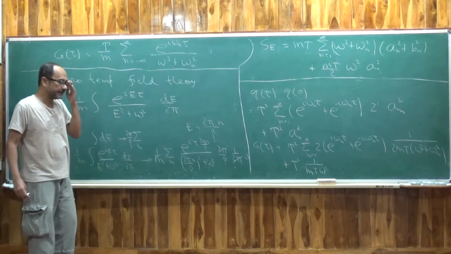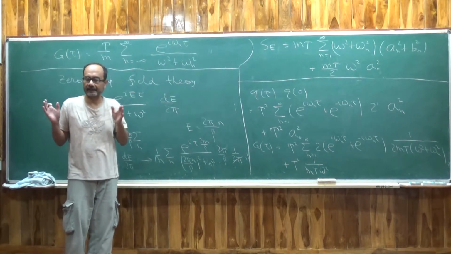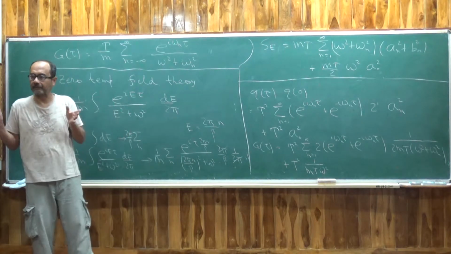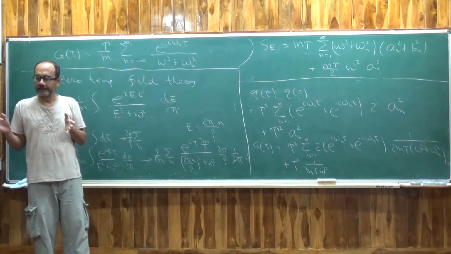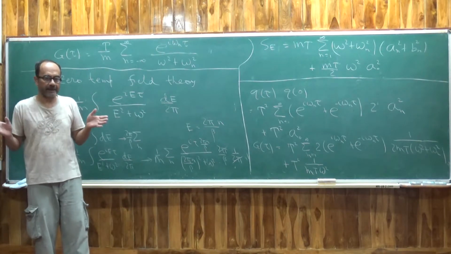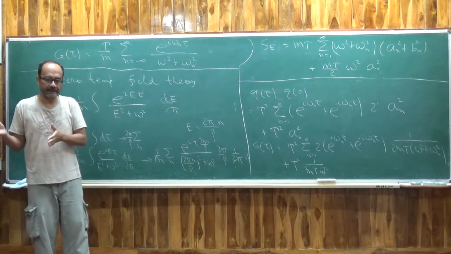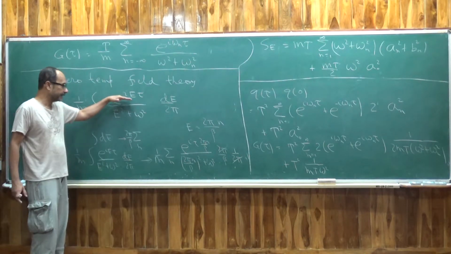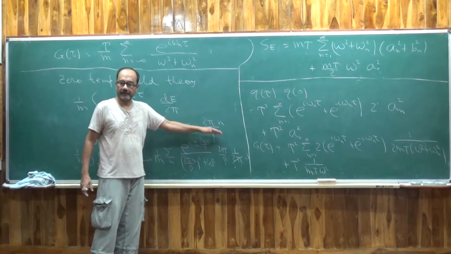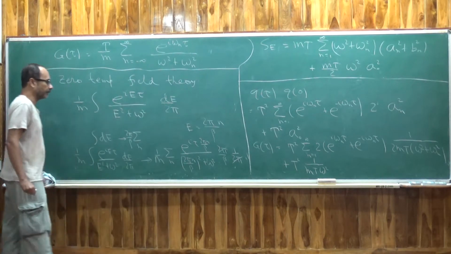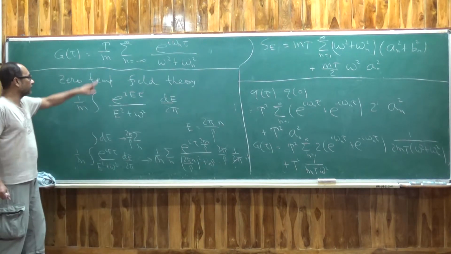So the upshot of this is that if we had treated this as a 0 plus 1 dimensional Euclidean quantum field theory, taken its propagator and simply discretized it, instead of the energy integral you discretize it over these frequencies, you would have gotten the correct propagator.